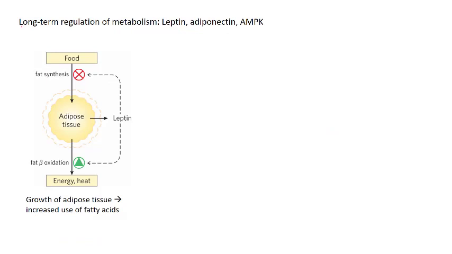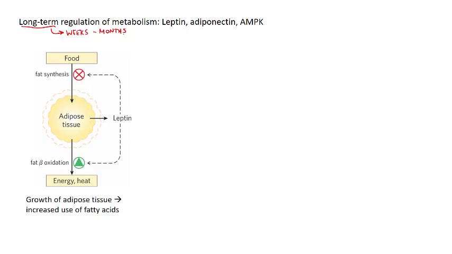Okay, let's take a look at the longer-term regulation of metabolism. So longer term, we are talking about on a time scale of weeks to months. So if you study biology for any length of time, you learn that there are a whole bunch of overlapping signaling pathways that sort of nest within one another.